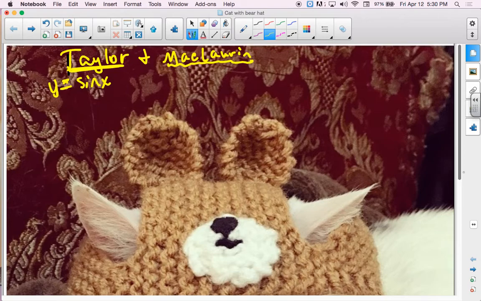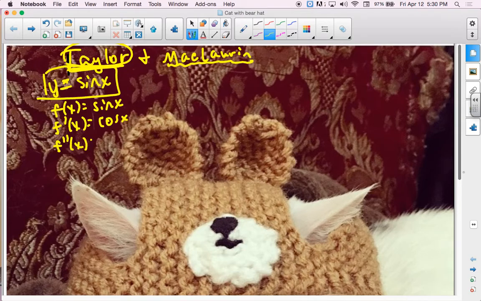So Taylor came up with this way to write a polynomial to model sine x. So if I take f of x is sine x, f prime of x is cosine x, f double prime of x is negative sine x, and f triple prime is negative cosine x.